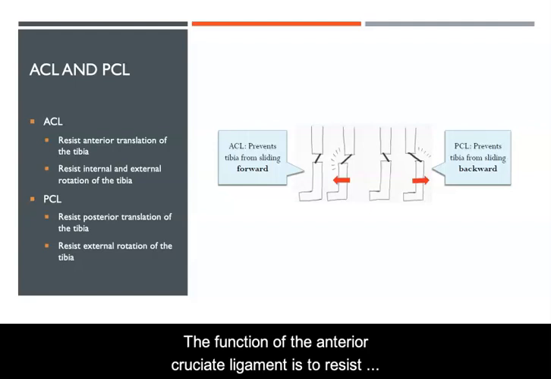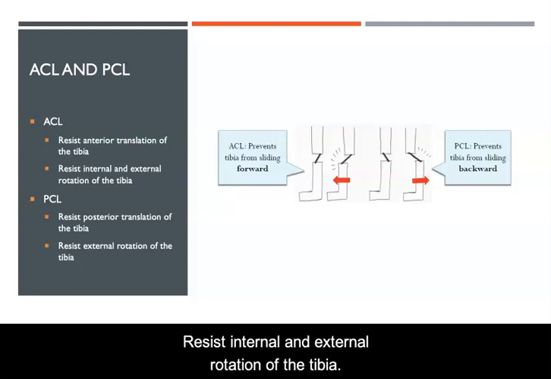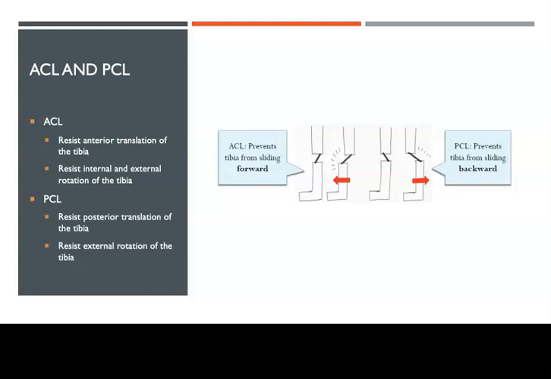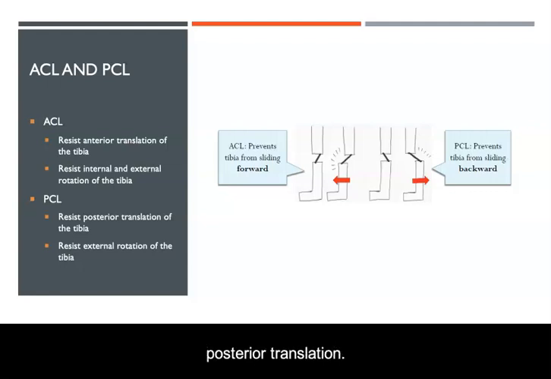The function of the anterior cruciate ligament is to resist anterior translation of the tibia, resist internal and external rotation of the tibia, and resist hyperextension. The functions of the posterior cruciate ligament are to resist posterior translation of the tibia and resist external rotation of the tibia.